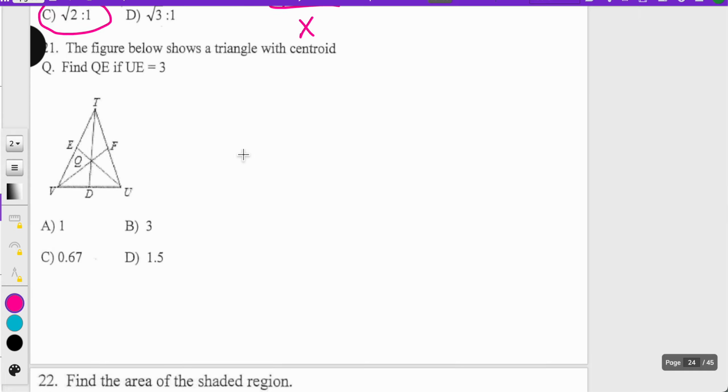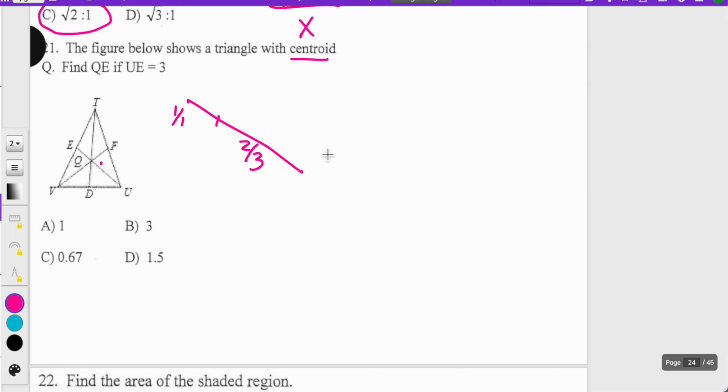21, the figure below shows a triangle with the centroid, which is the exact middle, Q. Find QE if UE is equal to 3. So if UE is equal to 3, that means it's like 2/3 of the way over, and QE is only 1/3.